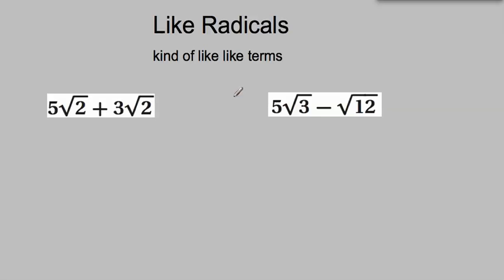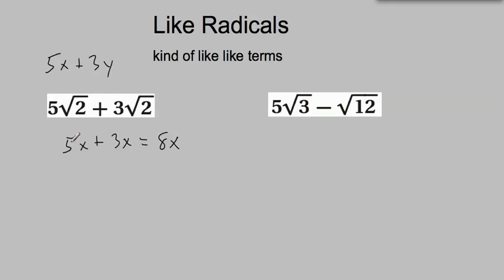When I'm trying to use addition or subtraction, I have to have like radicals, just like I have to have like terms. We can't add 5x plus 3y. That's as simple as it gets. But if I had 5x plus 3x, that just equals 8x. Well, in this problem, it's 5 root 2 plus 3 root 2. Remember, we're saying 5 times root 2.